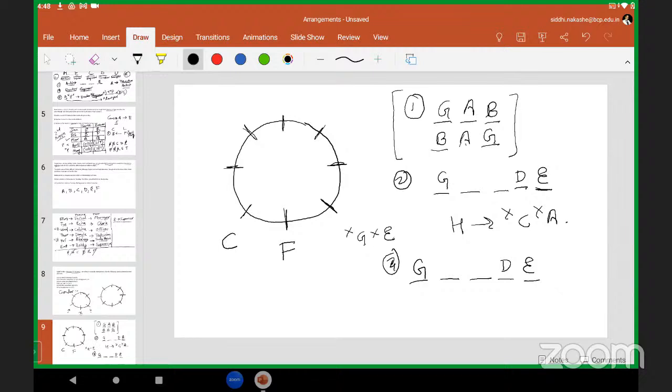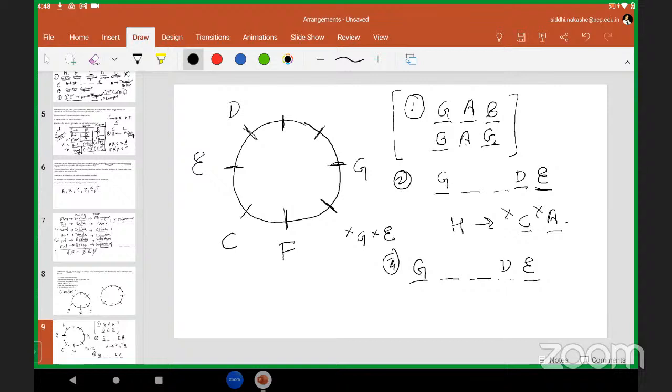So now if three places are gone, we only have one condition which can be satisfied. So G will come over here because no other condition can satisfy it. So basically we'll have G over here, then two places as per this question, then we'll have E over here. So now what is given? H does not sit next to C and A. Fine.